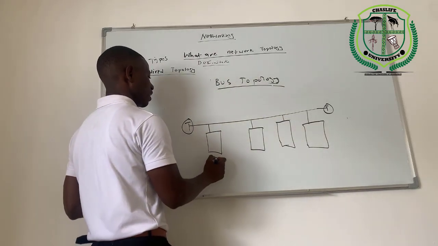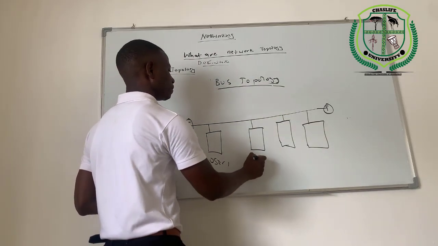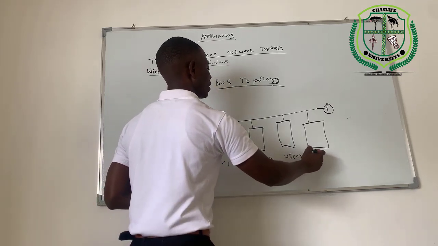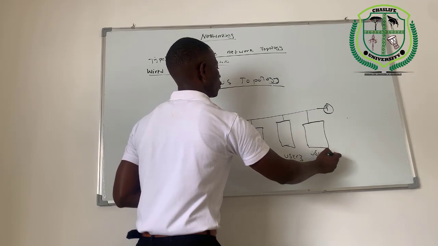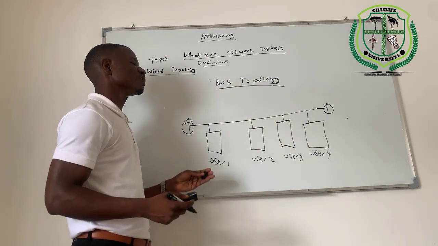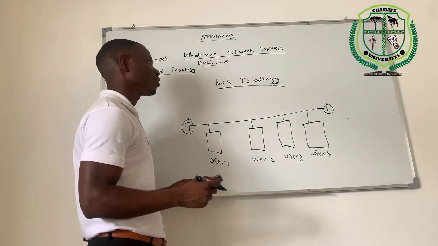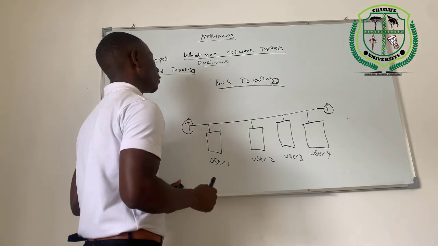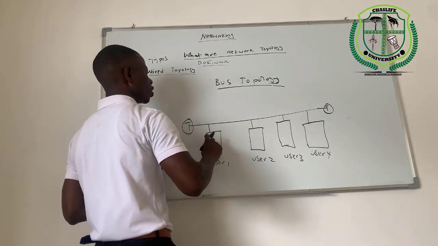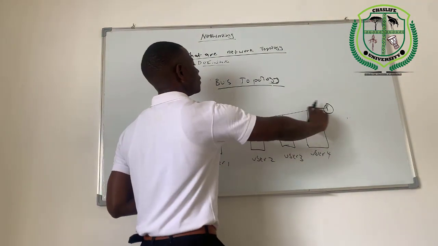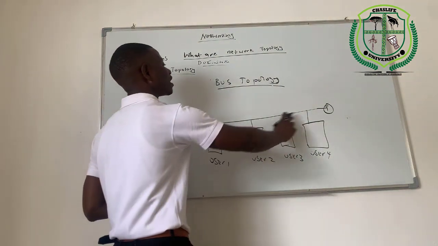So we can say user 1, user 2, user 3, and then user 4. This is the arrangement of computers within the bus topology. When you look at bus topology, the connection of computers depends on this line and on these terminals.